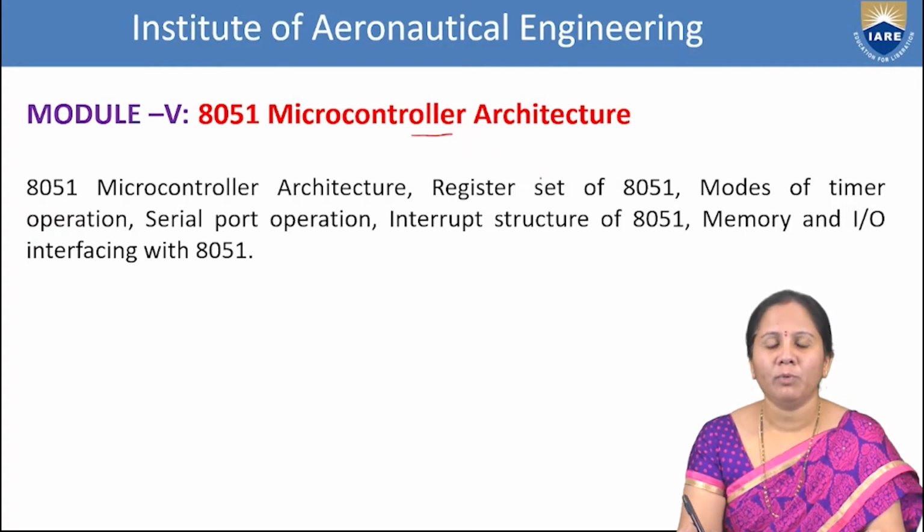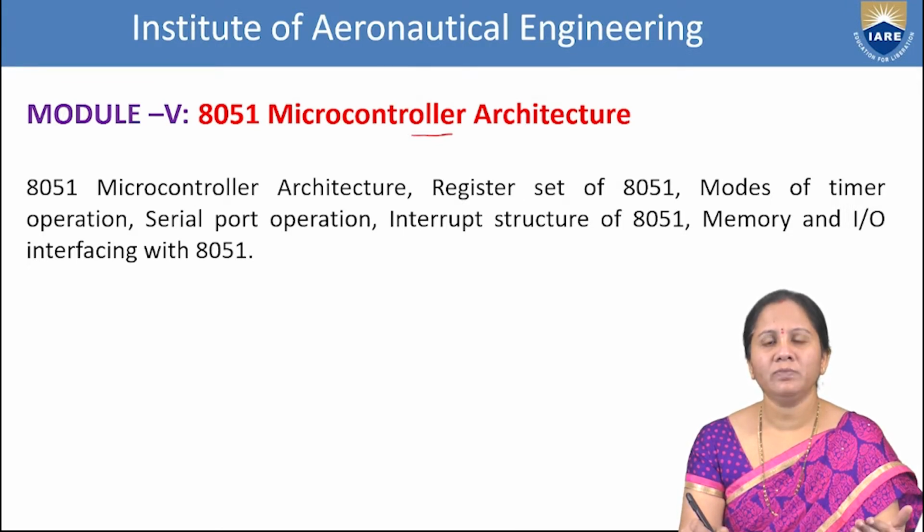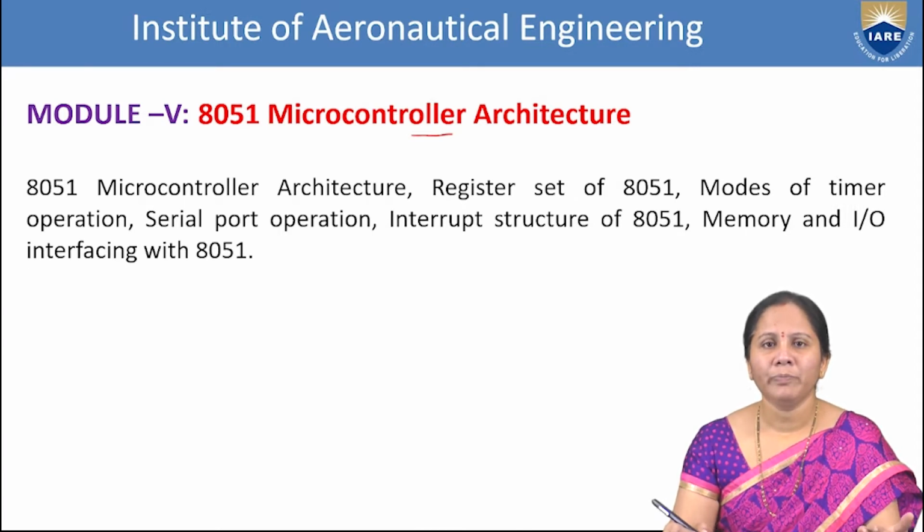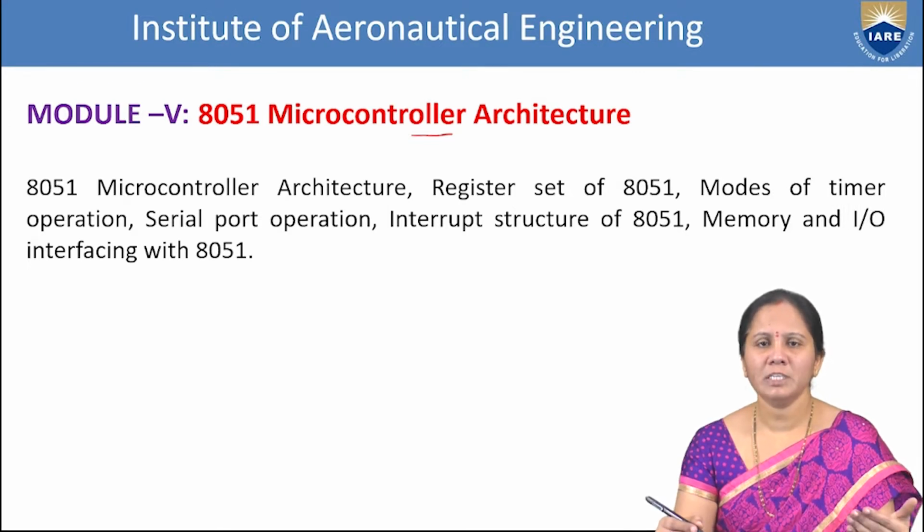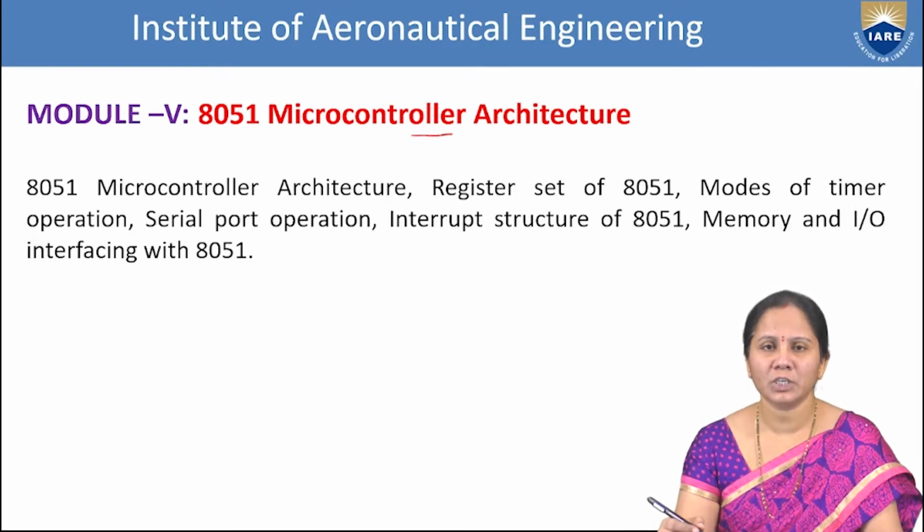In this module, we have discussed what a microcontroller is, and what the differences are between a microprocessor and a microcontroller. Then we looked at how microcontrollers are classified, based on bits, memory, architecture, and instruction set.